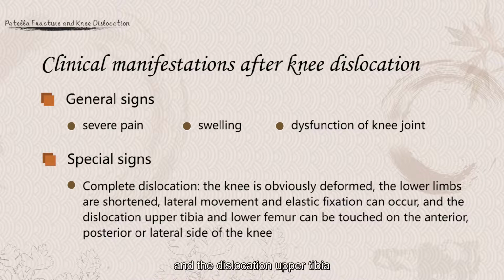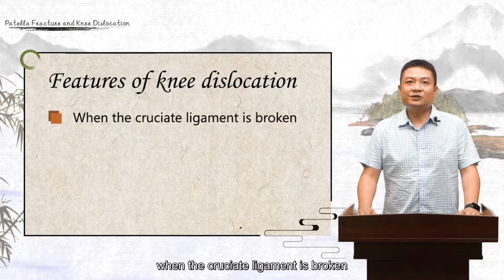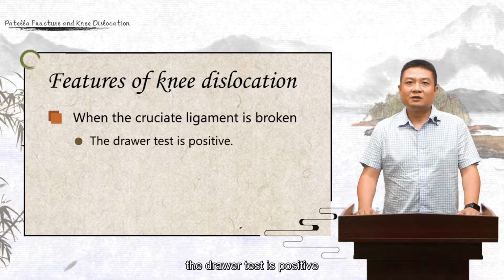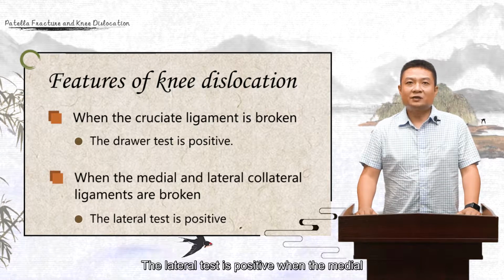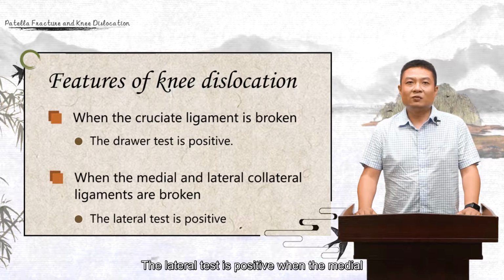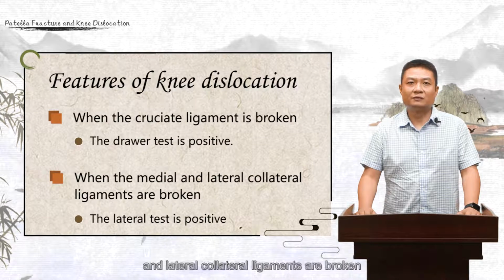At the dislocation, the upper tibia and lower femur can be touched on the anterior, posterior, or lateral side of the knee. Secondly, when the cruciate ligament is broken, the drawer test is positive. The lateral test is positive when the medial and lateral collateral ligaments are broken.